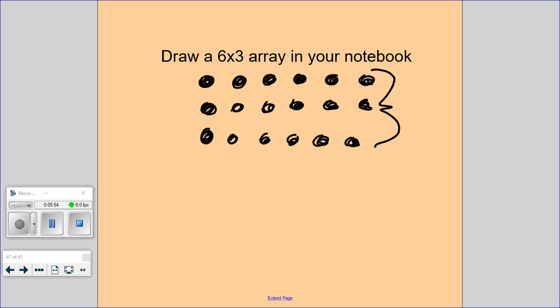Billy? Please know it before you raise your hand. What? 18. It is 18. So next to your array, you should have it labeled 6 by 3 equals 18.